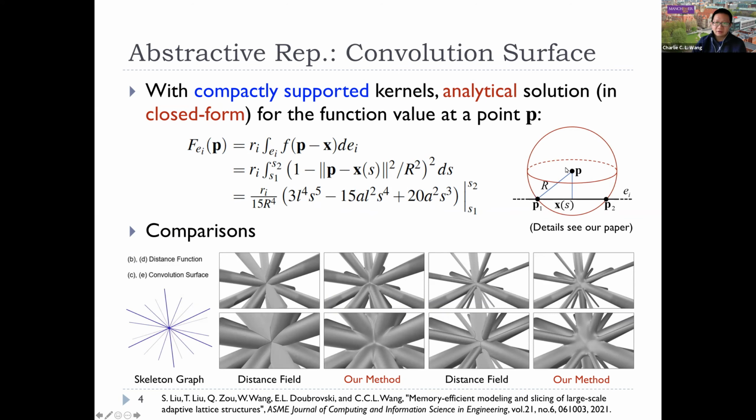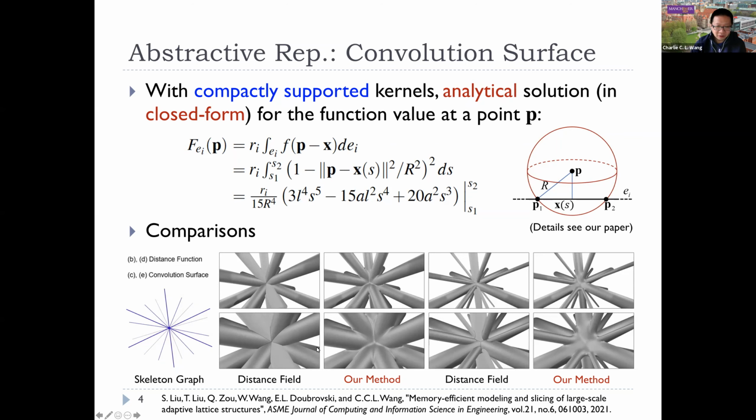For every query point, we only need to calculate the skeletons that fall in the spherical covered region of the query point. We only need to evaluate a limited number of skeletons instead of all the skeletons represented on the graph.